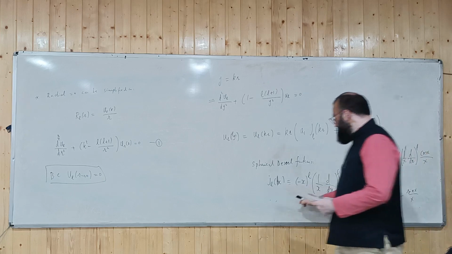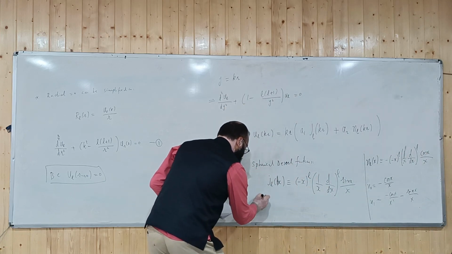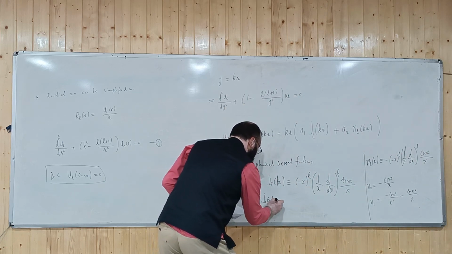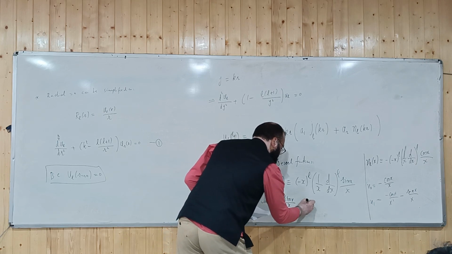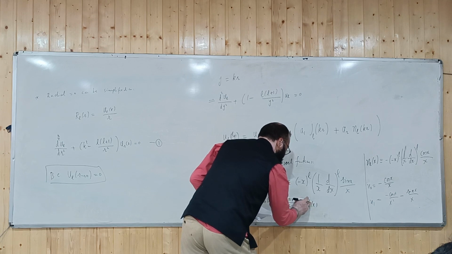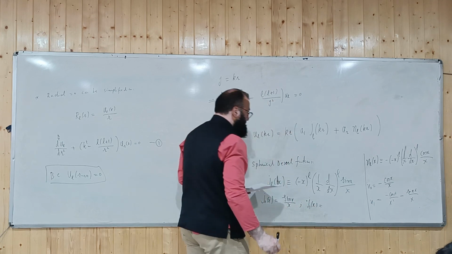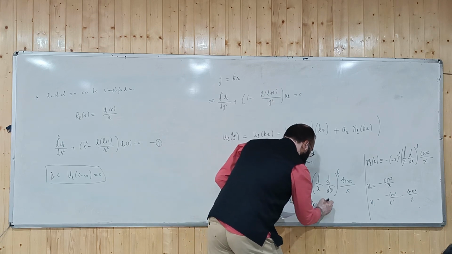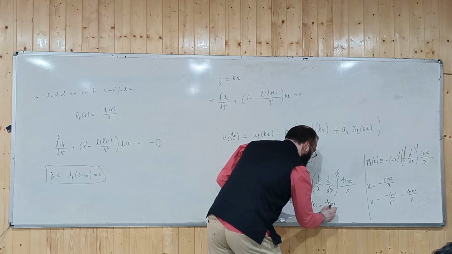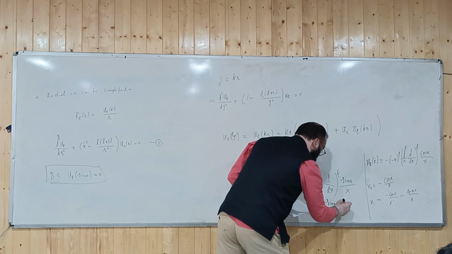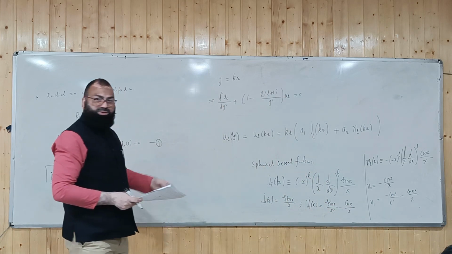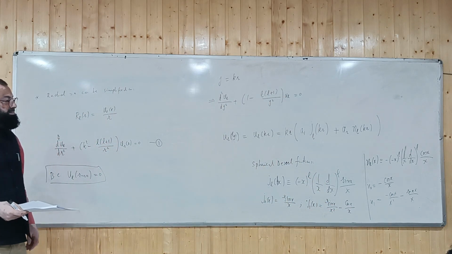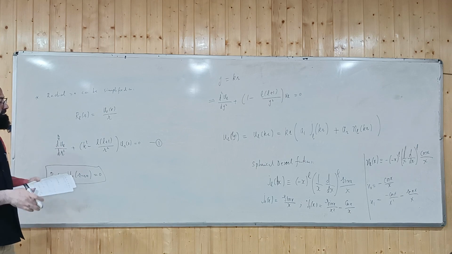Similarly, let's take j0 of x. What is that equal to? Sin x by x. What is j1 of x? Just differentiation. So it is simply sin x by x squared minus cos x divided by x. Clear? And so on. This is how you can figure them out.